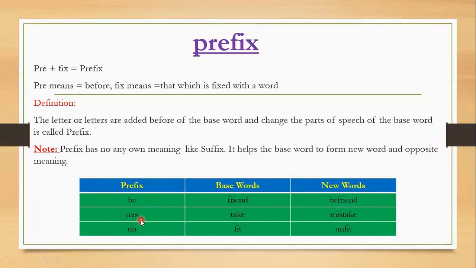Mis is the prefix. Its base word is take, mistake. Un is the prefix. Its base word is fit and the new word is unfit. So dear students, we have got three new words by adding a prefix before the base word or root word.